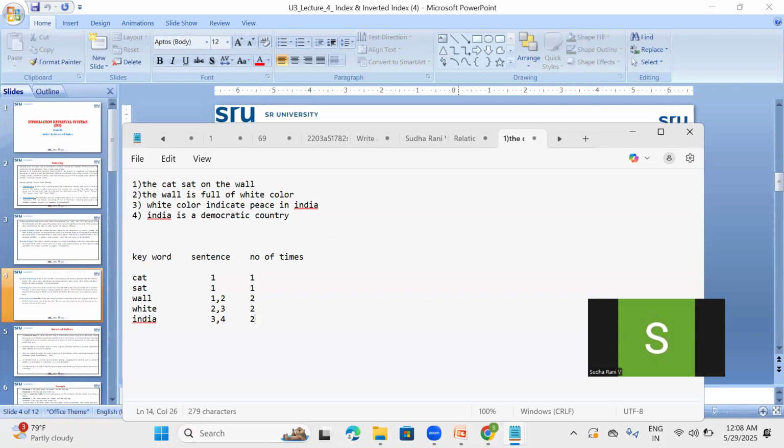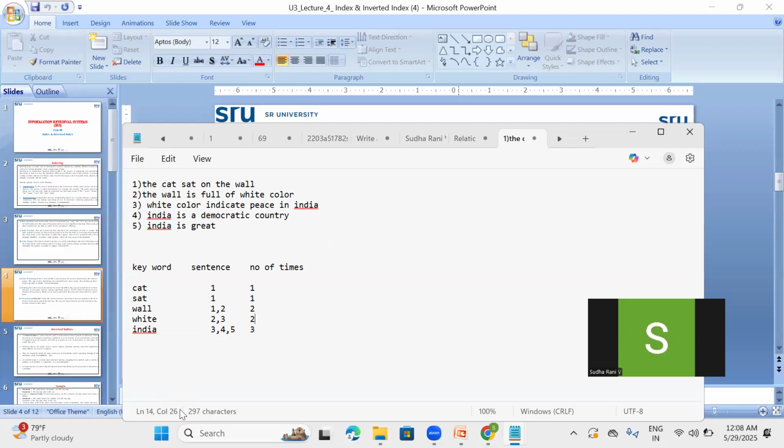So in this example, 2 is the highest. Let us take the fifth sentence. India is great. So here, the word India is repeating again in the fifth sentence also. So the number of times it is repeated is 3.